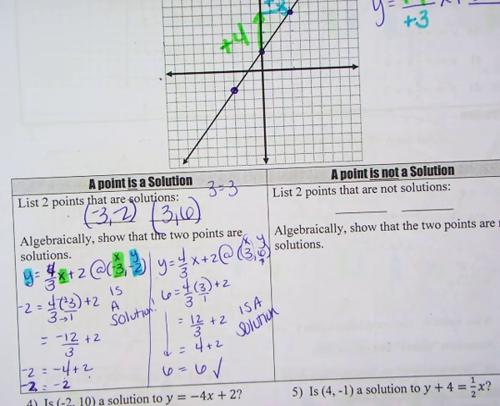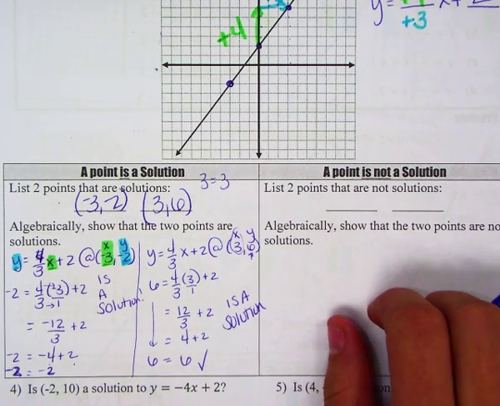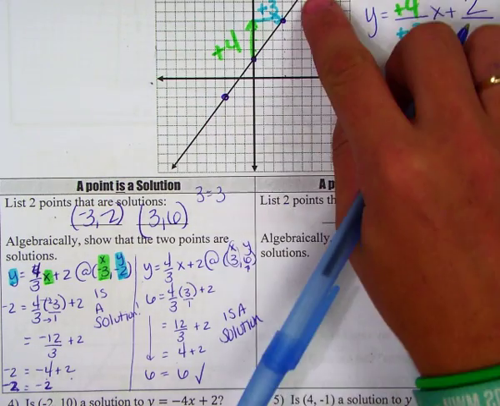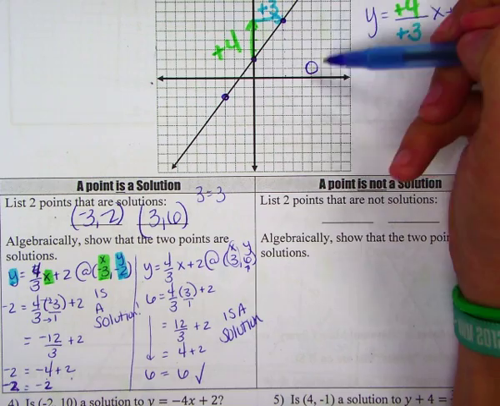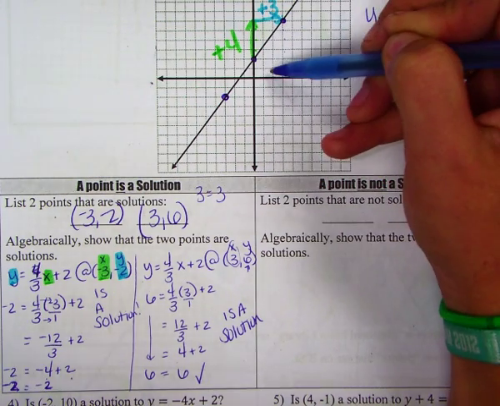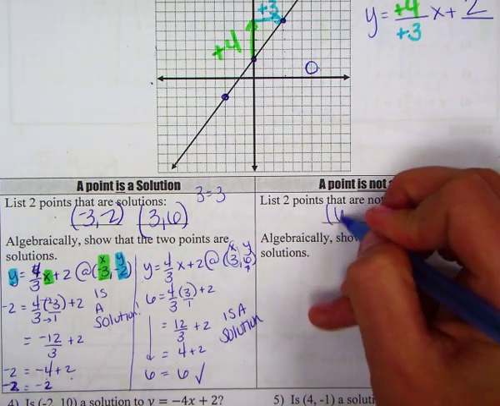To contrast that, let's talk about points that are not solutions. Points that are not solutions are anything that are not on the line. For example, this point over here is not on the line, so it's not a solution. That point is 6, 1.